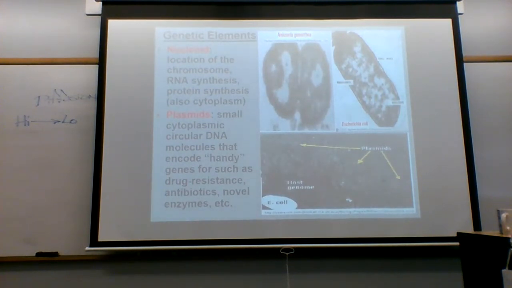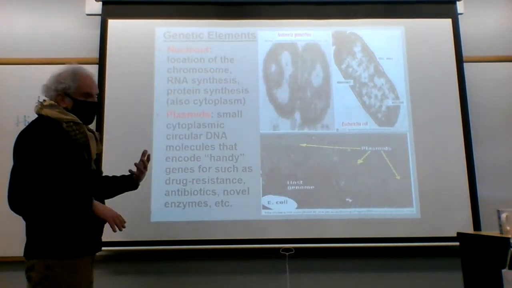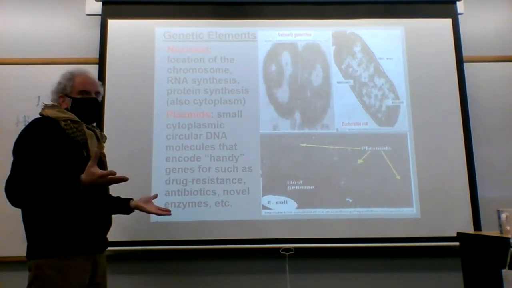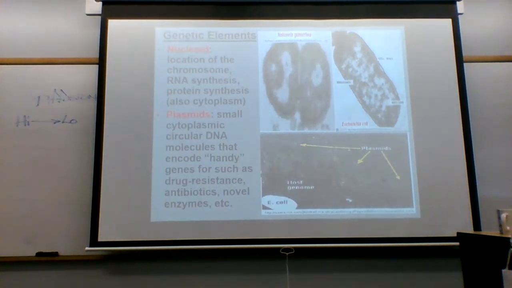Plasmids are also circular, but they're a lot smaller, and they have the ability to be moved around between different cells pretty easily. They can encode for a whole range of different protein products, genes that will be translated into proteins.